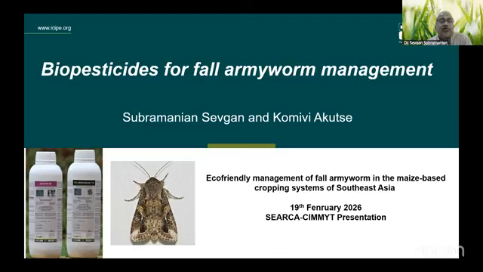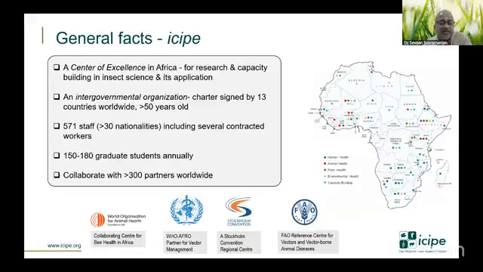Just a quick introduction about icipe: we are based in Africa and we are a center of excellence in Africa for insect science, with over 50 years of history, with more than 571 staff working with us. We do a lot of capacity building for African scientists, with 150 to 180 graduates trained annually, and we collaborate with more than 300 partners worldwide.